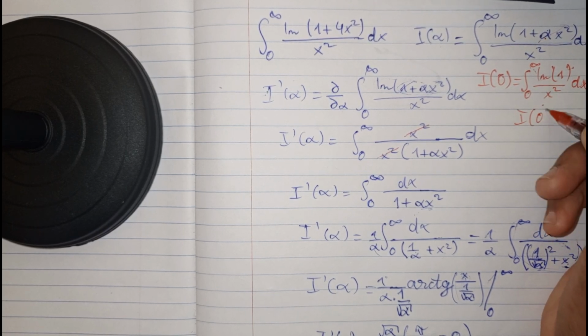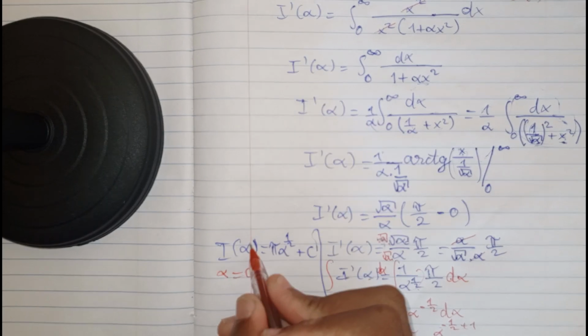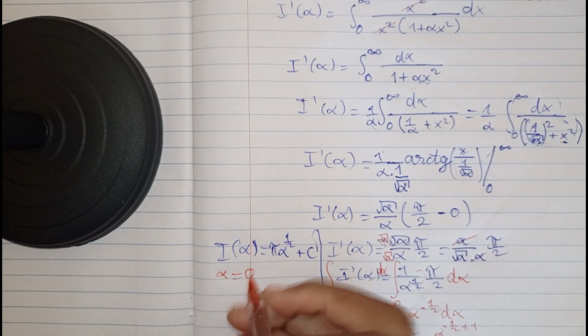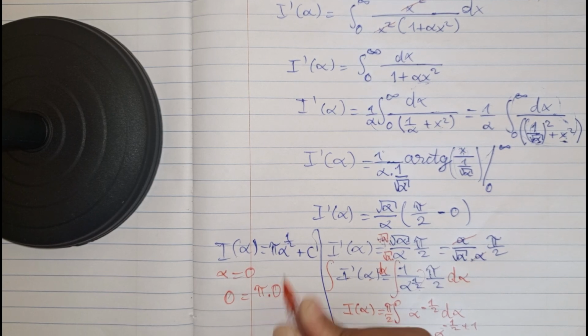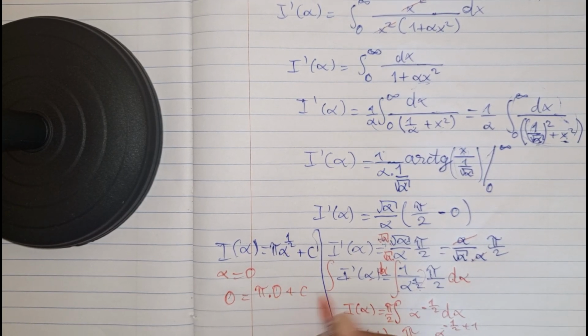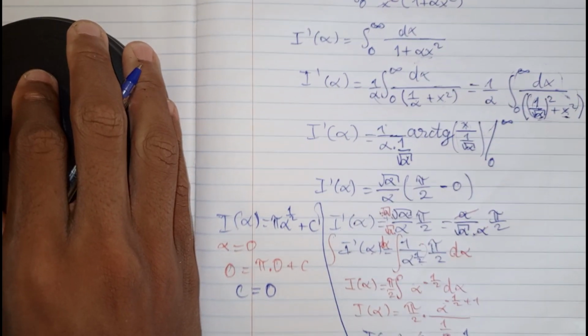So we get 0. Now, plugging in 0 on the other side, it's equal to pi times 0 plus c. So we can conclude that c is equal to 0.